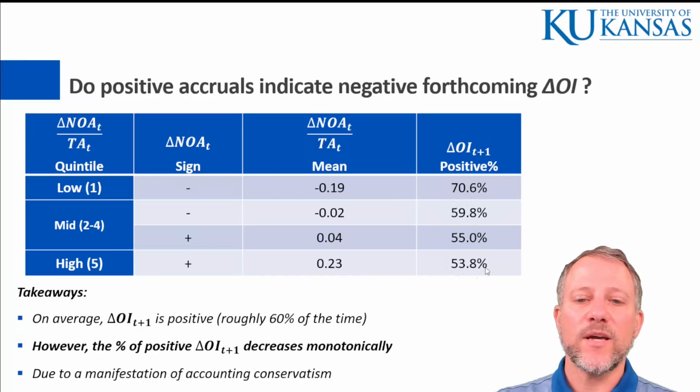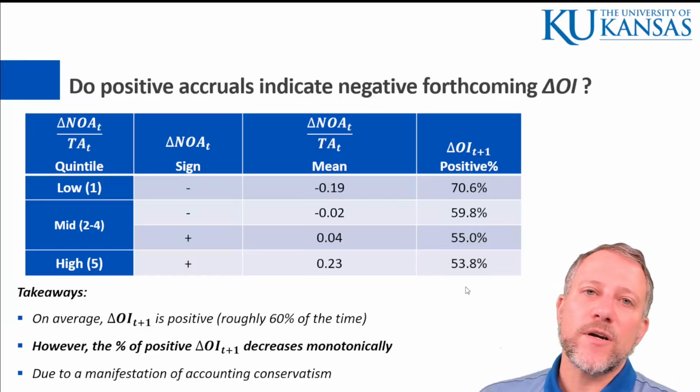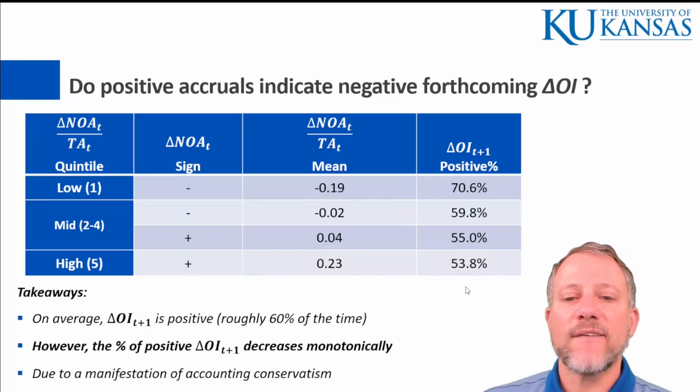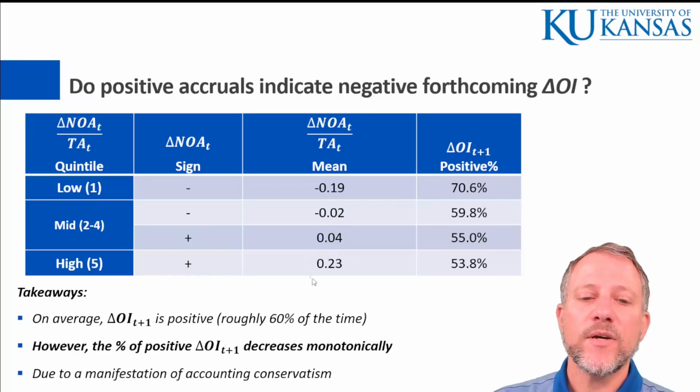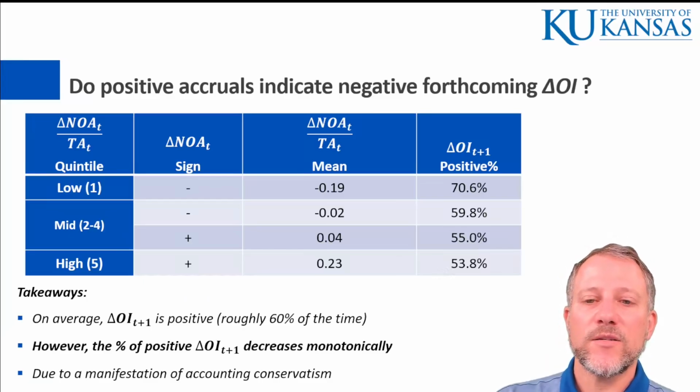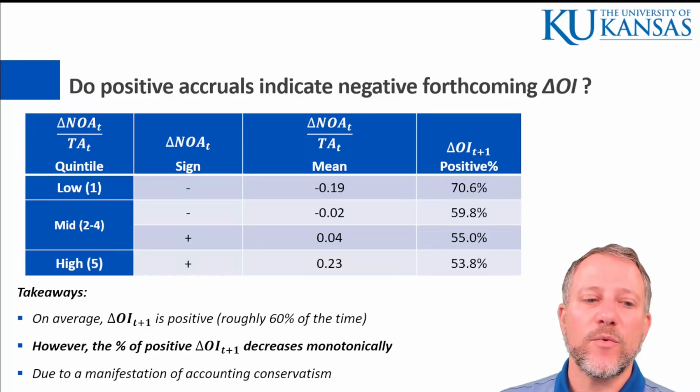As your accruals increase, they're going to start leading to negative reversals in the future, and you're going to be less and less likely to have an earnings increase next year. By the time we get to the high accrual quintile, the probability that your operating income will increase next year goes down to only 53%. So we can see this monotonic decline is evidence of a clear negative correlation between your current accruals and your future changes in profitability.